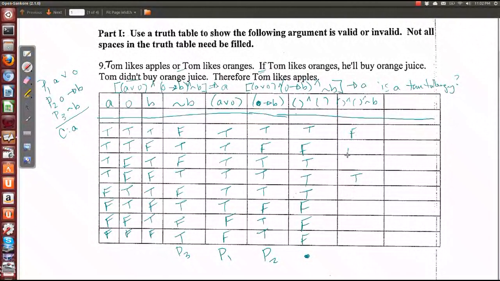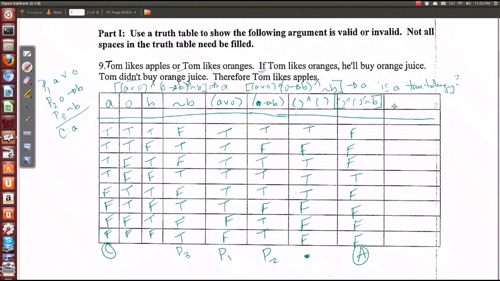So everywhere else is going to be false. And this is going to be the antecedent for my argument. My consequent is A.